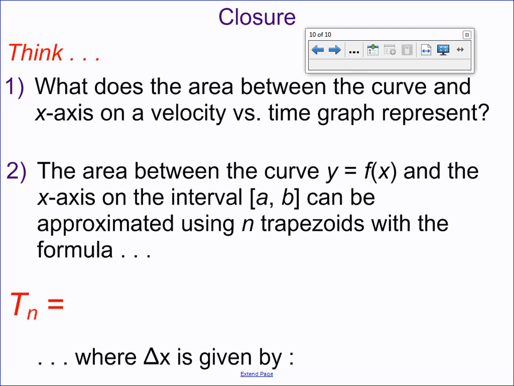Distance travel over right? If it's velocity versus time, so what you put this in y Oh, wait.